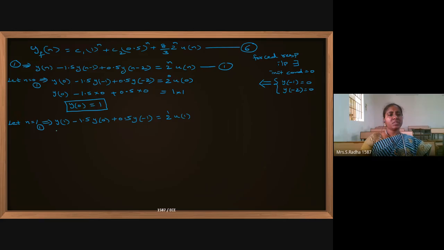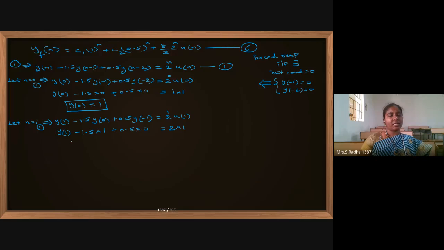Now substitute all the initial conditions to calculate y of 1: minus 1.5 times y of 0, which we got as 1 in the previous step, plus 0.5 times the initial condition 0. 2 power 1 is 2, and u of 1 is 1 because on the positive side the step signal value is 1.